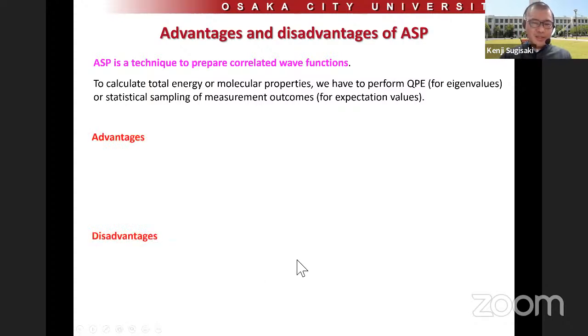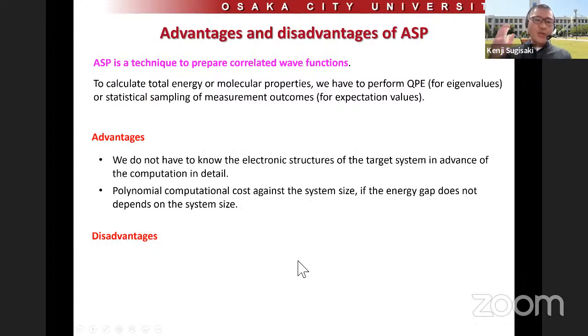And the advantage is we don't have to know the electron structure of the target system in advance in detail. So we don't need detailed a priori knowledge of the electron structures.